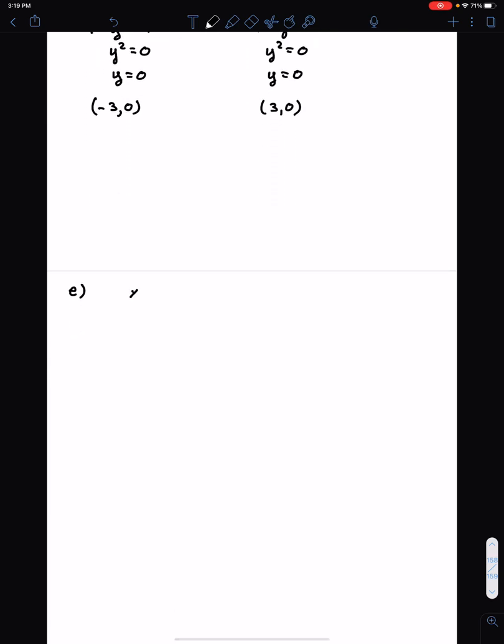Solve the system. X squared plus y squared is equal to 1, and x squared minus y squared is equal to negative 16. And the y squared terms are already opposites. So I'm going to add these two together, and I don't have to multiply them by anything.